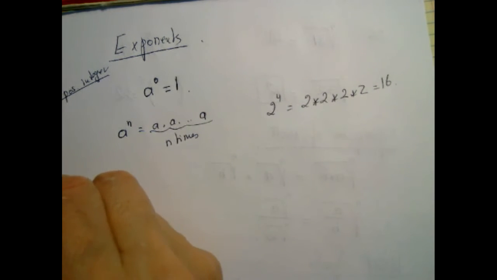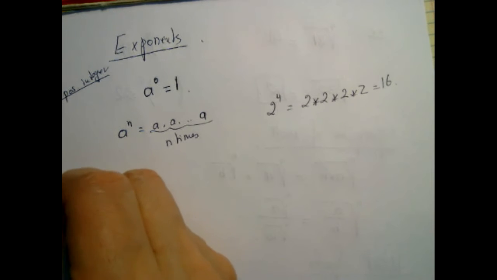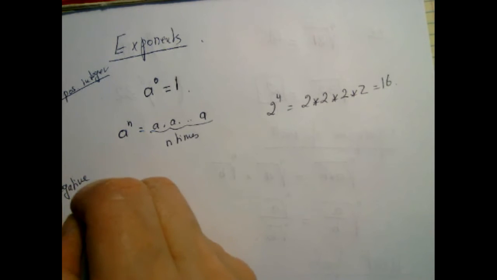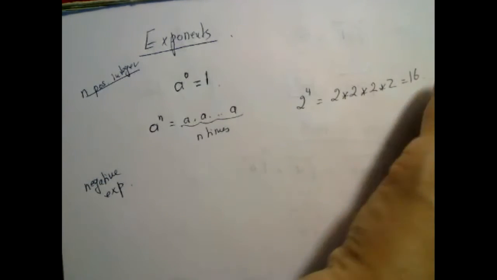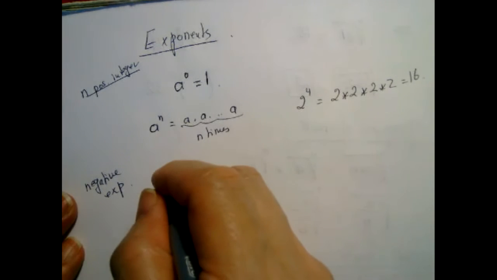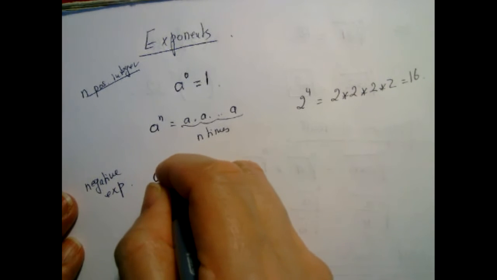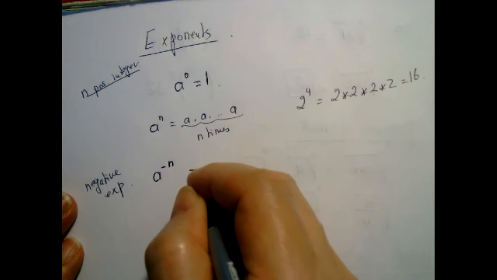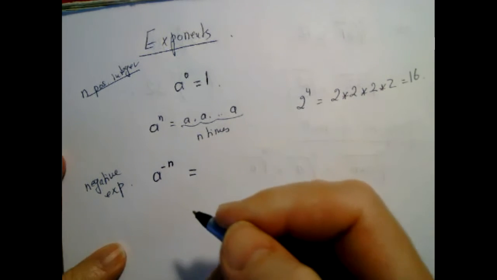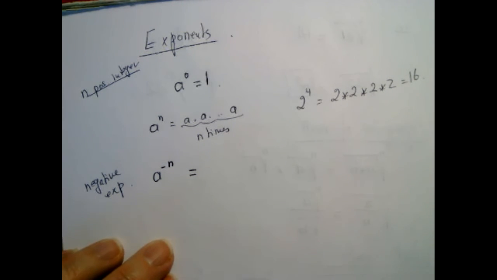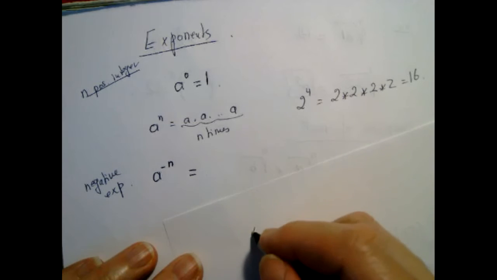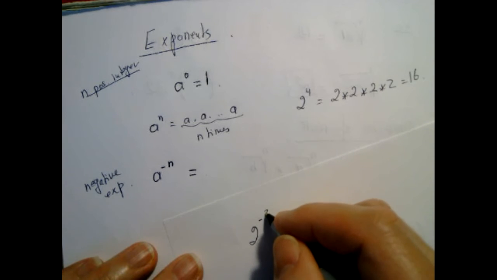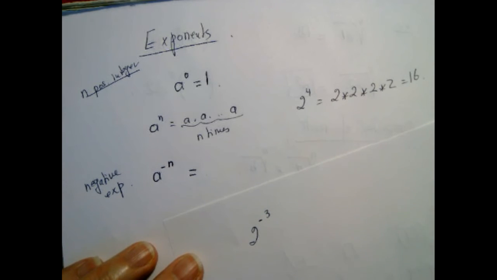Now, negative exponent. What does it mean to say a to the power minus n? So if you see 2 to a negative power, what does this mean? What's the definition of that? Anybody?